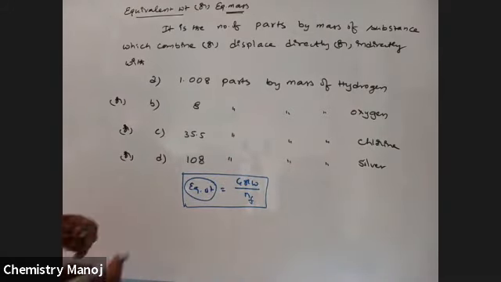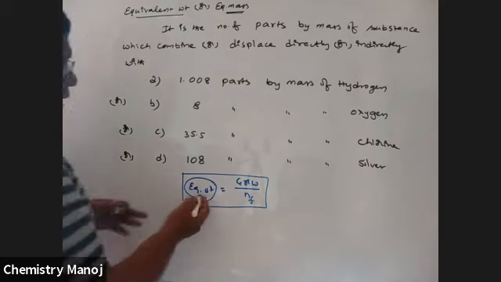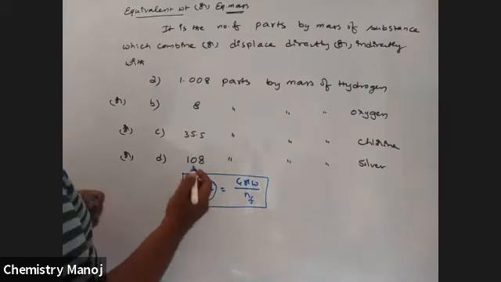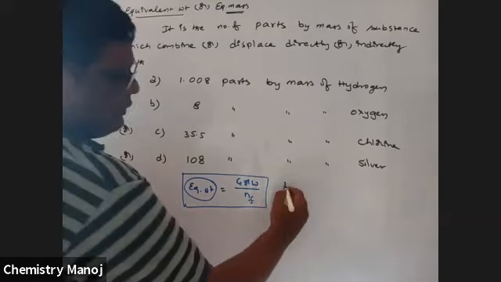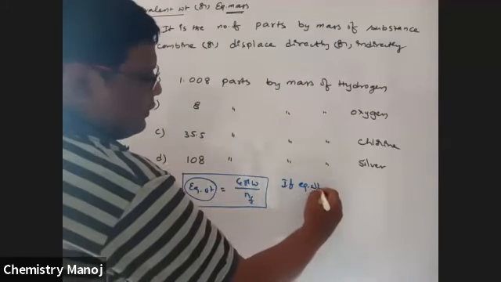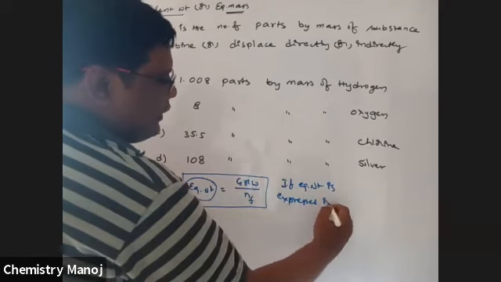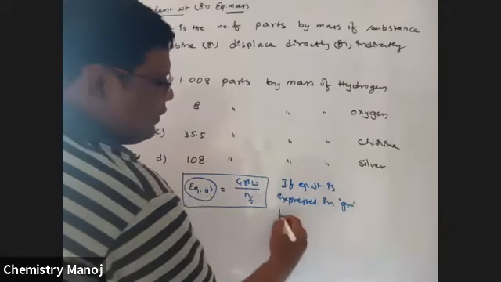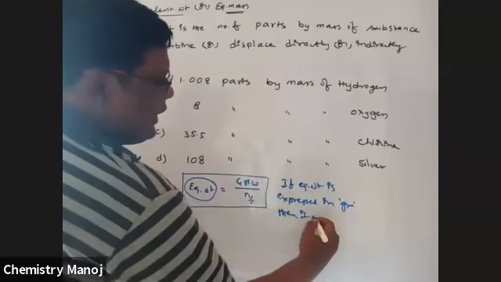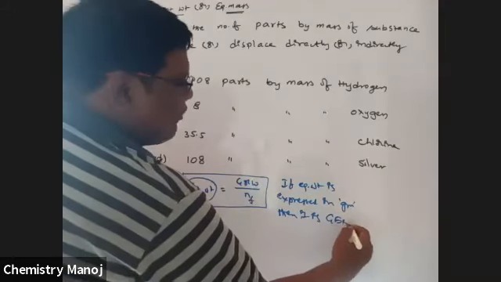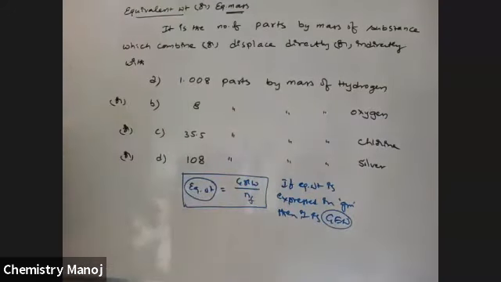If equivalent weight is expressed in grams, then it is the gram equivalent weight. Frequently equivalent weight or gram equivalent weight are taken. Gram equivalent weight of the substance is equal to gram molecular weight divided by n factor.